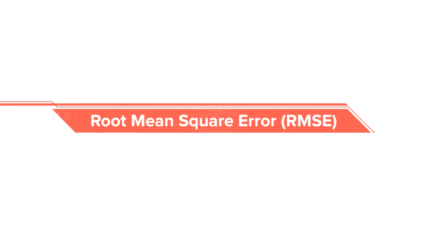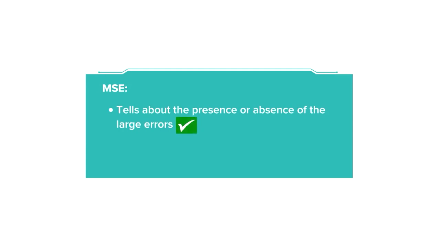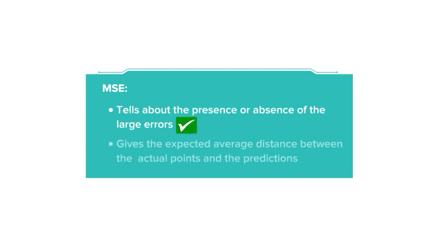Now we will move on to the next metric, that is RMSE. Although MSE does tell us about the presence or absence of large errors in the model, it fails to give the expected average distance between the actual points and the predictions, as we saw in mean absolute error.